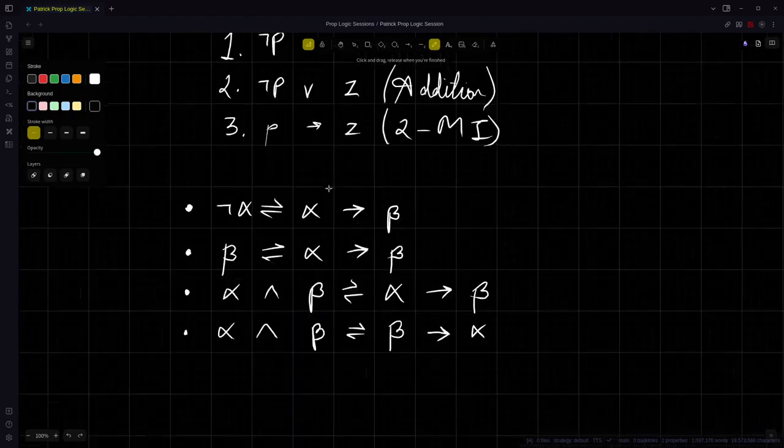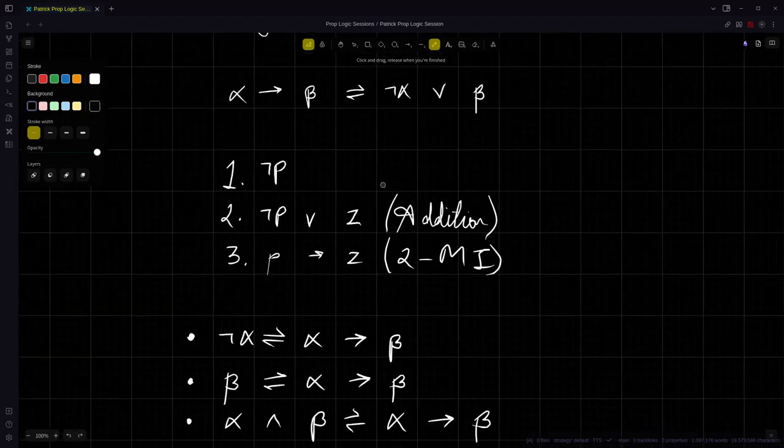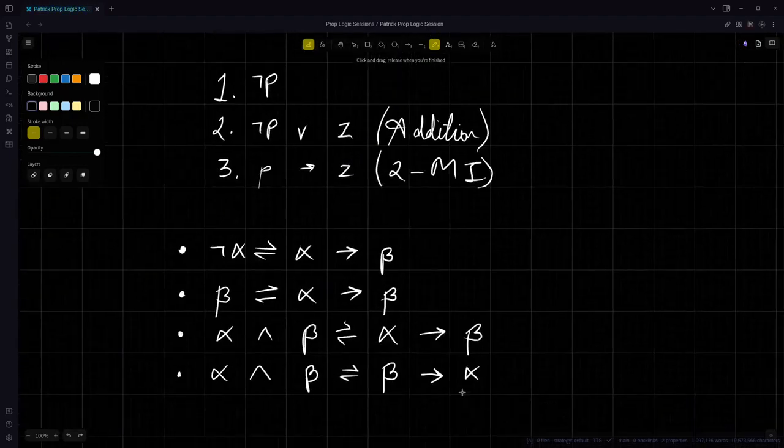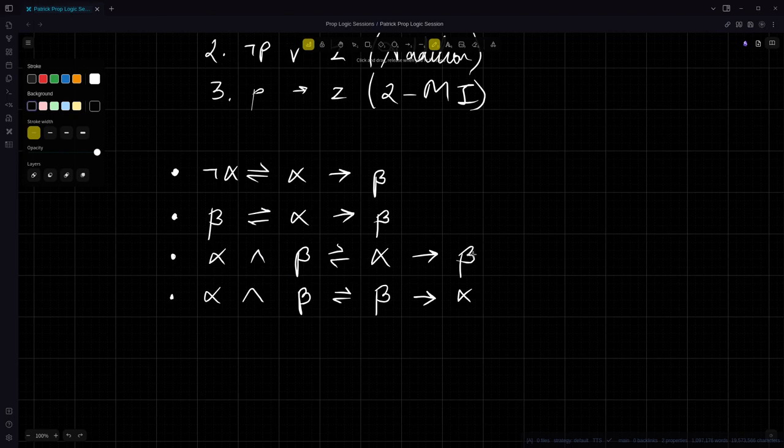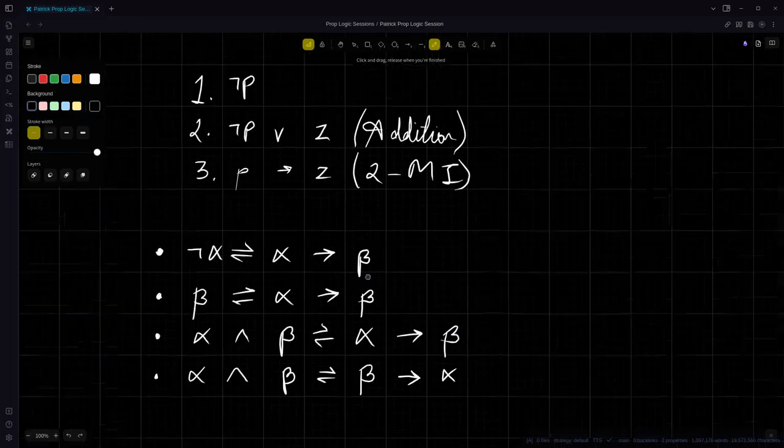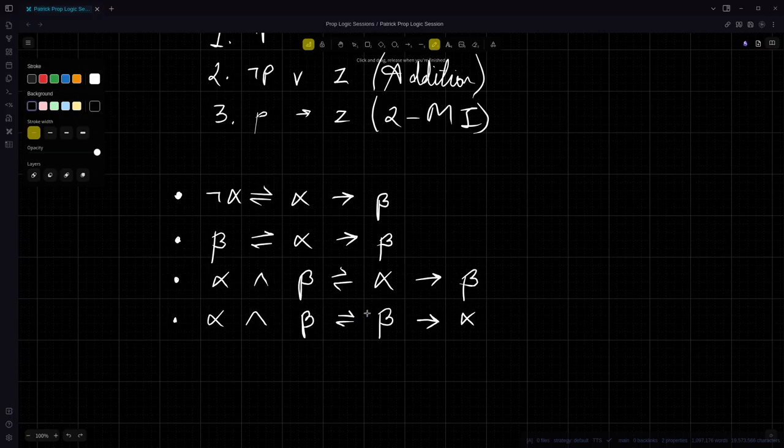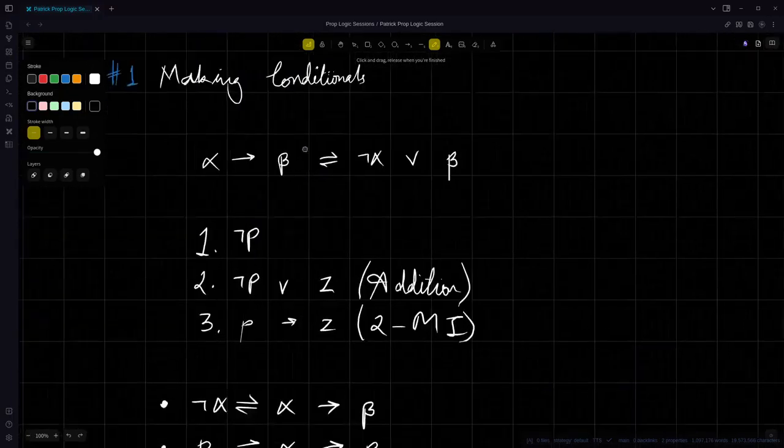So this is conditionals. You can do the same thing for the biconditional. If alpha and beta are true, then alpha implies beta. And you can do the same thing for the opposite: you can have not alpha and not beta, and you can get not alpha implies not beta. Any variation of this, okay? Those are some tricks that you can use. They don't have a particular name.